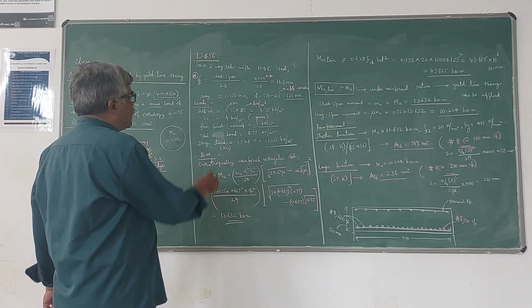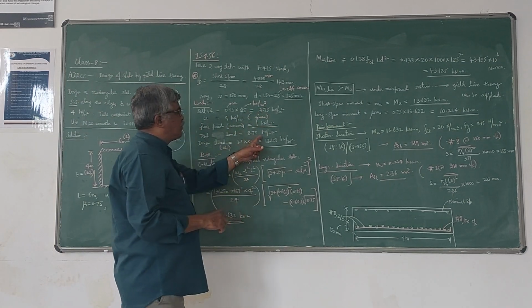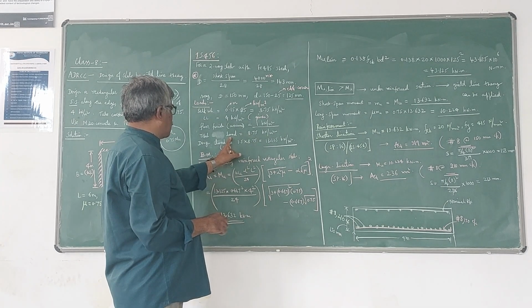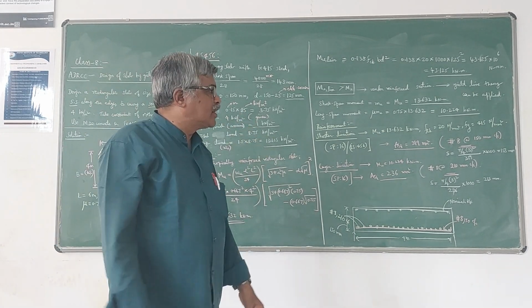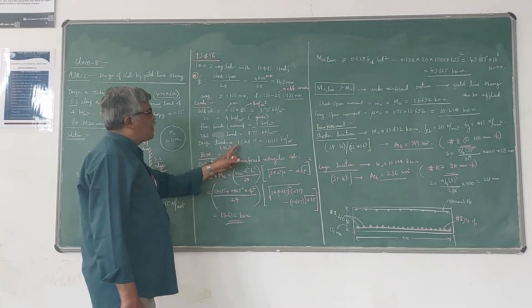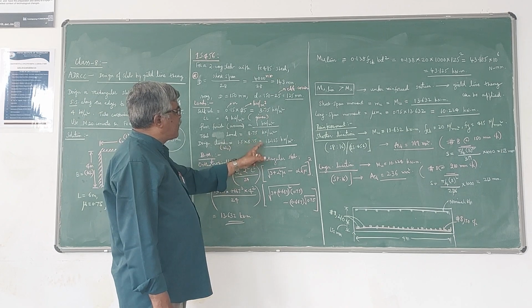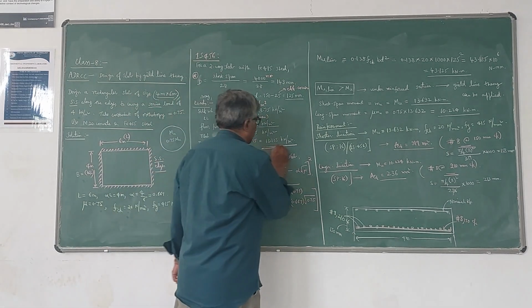If you add all these three, you get 8.75 kilonewton per meter square. This is the total load. Since all these are service loads, we have to multiply them by 1.5. So the design load will be 1.5 into 8.75, which is 13.125 kilonewton per meter square.